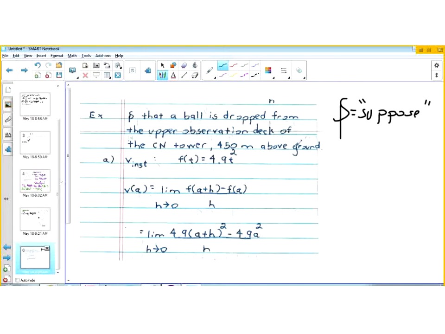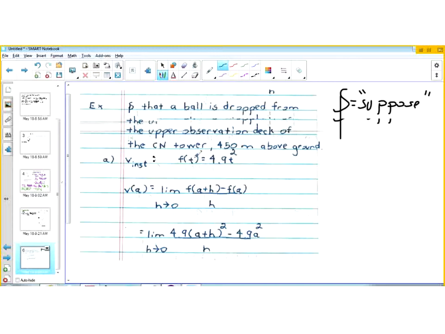That is not a math symbol, that's my own construction. So for example, suppose that a ball is dropped from the upper observation deck of the CN tower, 450 meters above the ground, just as before in one of the previous lectures. So we're asked to find the instantaneous velocity at any time t.